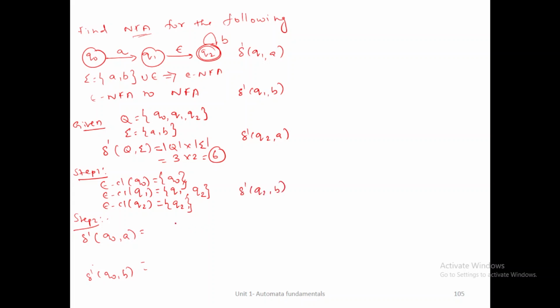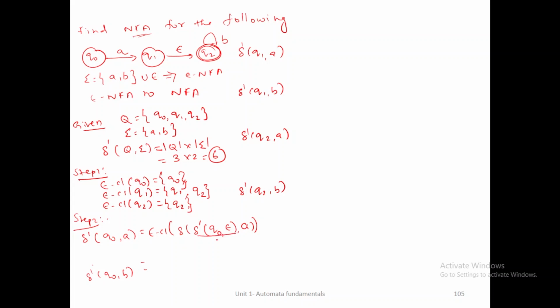So you should calculate 6 values. This is the notation. What is the formula for the extended transition function? The formula is epsilon closure of tilde cap of the state Q0, tilde dash of Q0 comma epsilon, and the input symbol is A.